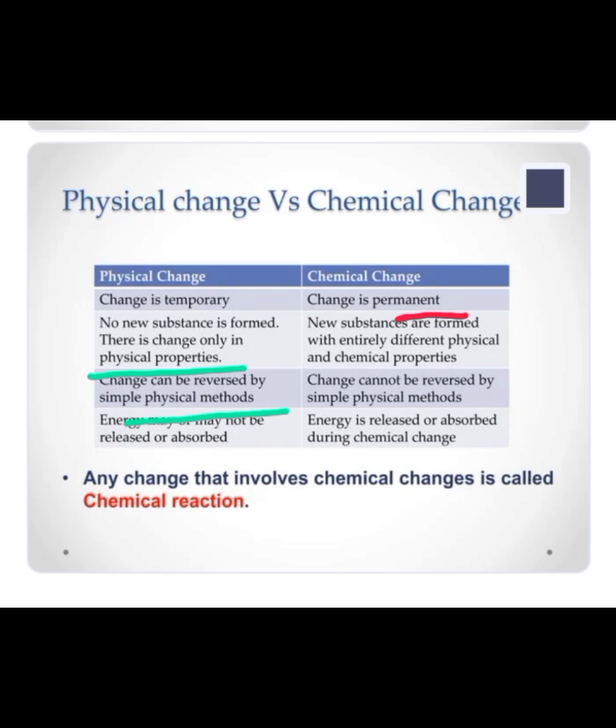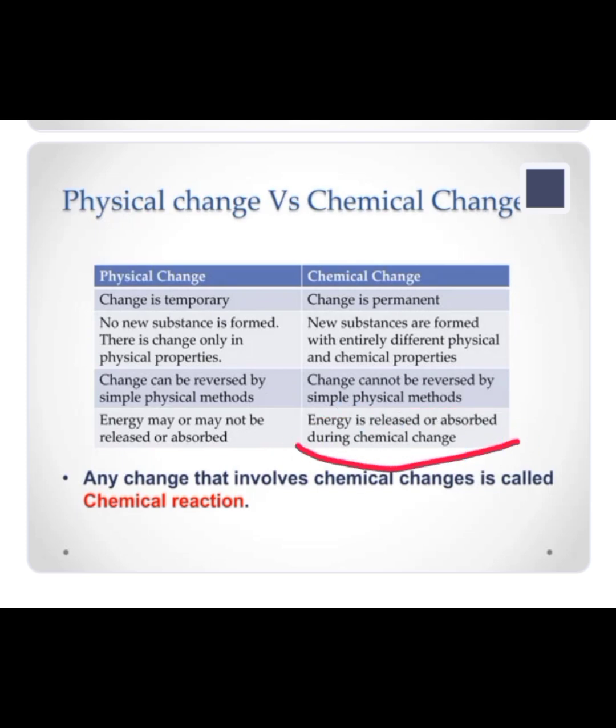So a new substance is formed in case of chemical change, and it leads to the change in the chemical properties also. So these are the points regarding chemical change. Next, this change cannot be reversed by simple methods or physical methods.